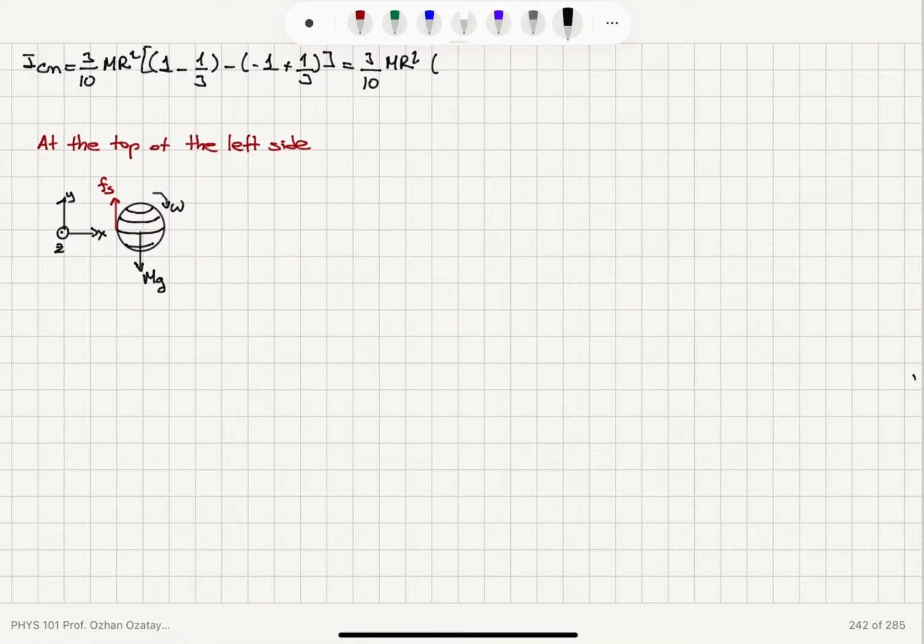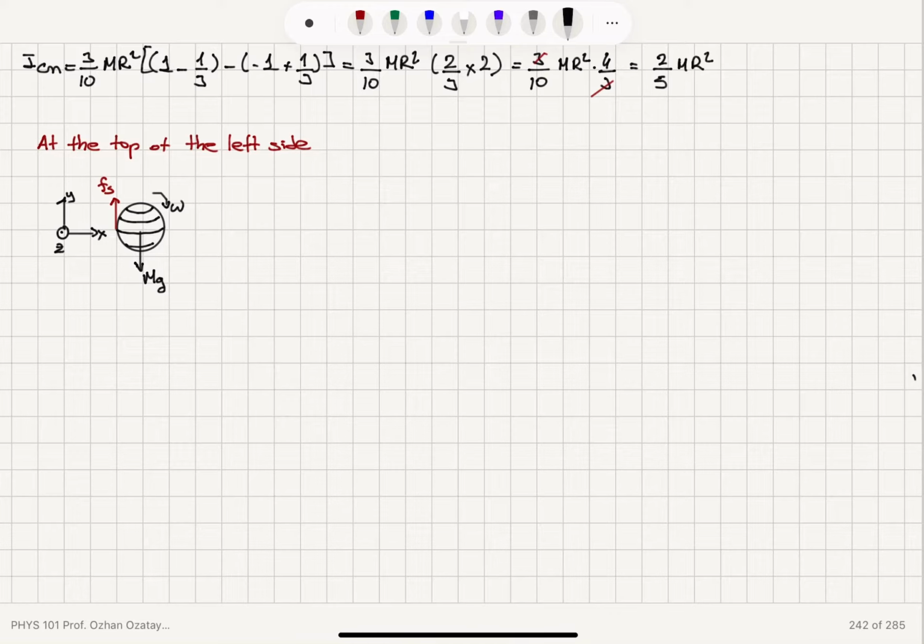You can see I get 2 over 3 here, and I have minus 2 over 3 here. Minus minus becomes plus, so it will be 2 over 3 times 2. So that will give me 3 over 10 m r squared times 4 over 3. The 3's will cancel, and I will be left with 2 over 5 m r squared.